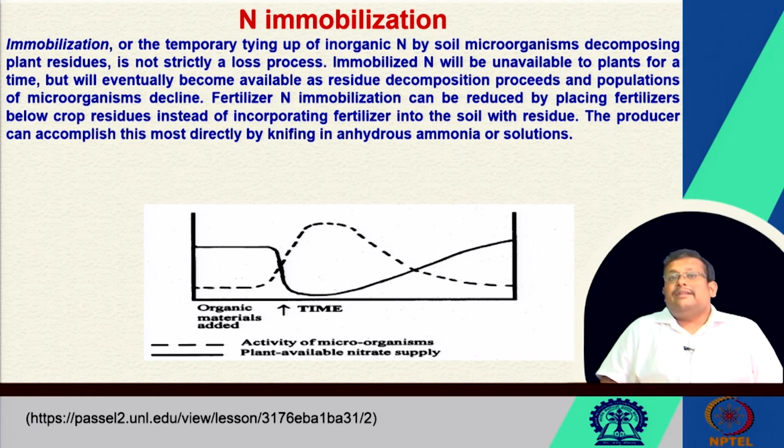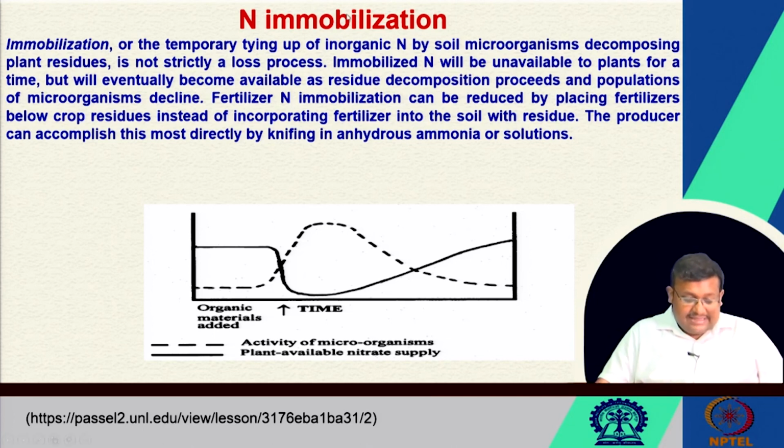Fertilizer nitrogen immobilization can be reduced by placing fertilizer below crop residues instead of incorporating fertilizer into the soil with residues. Generally this strategy is used for reducing the nitrogen immobilization. The producer can accomplish this most directly by knifing in anhydrous ammonia or solution.